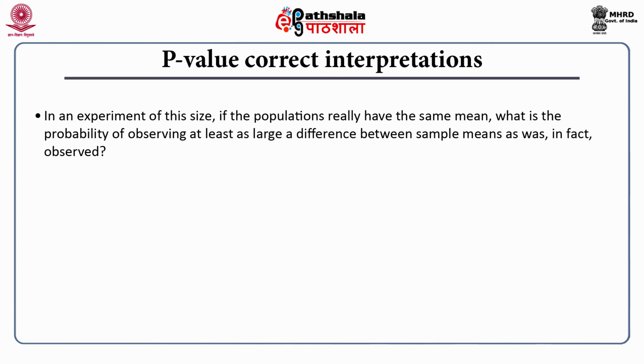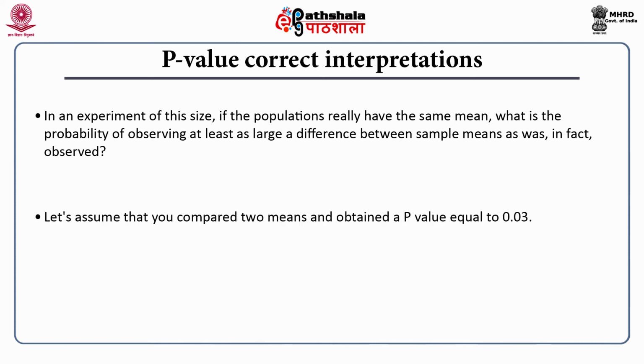In an experiment of this size, if the populations really have the same mean, that is, if the null hypothesis is true, what is the probability of observing at least as large a difference between the sample means as was in fact observed, or as large as or larger than the effect that you observed in this particular experiment?